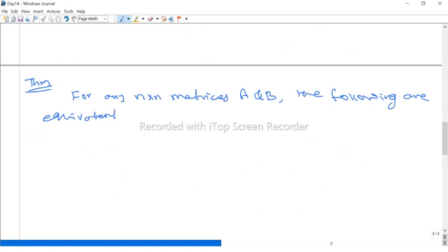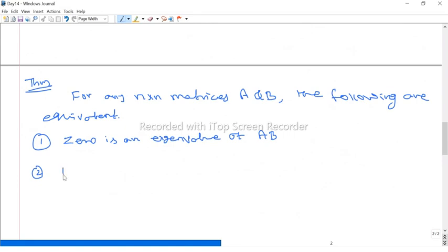What is the first statement? 0 is an eigenvalue of the product AB. The second: either A is singular or B is singular.